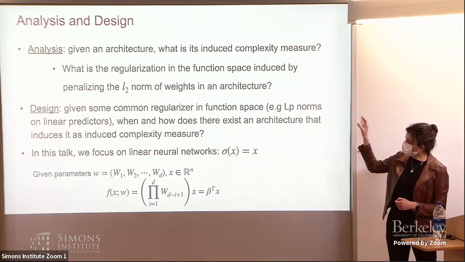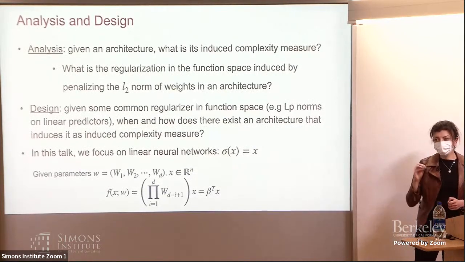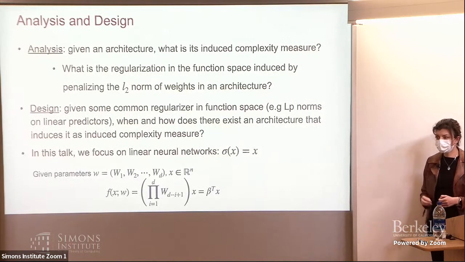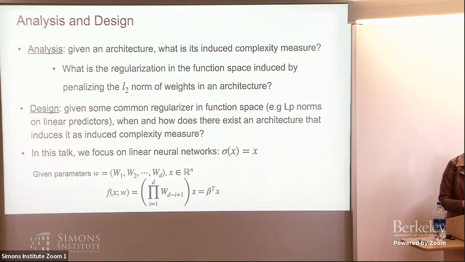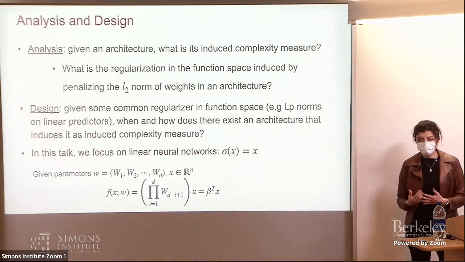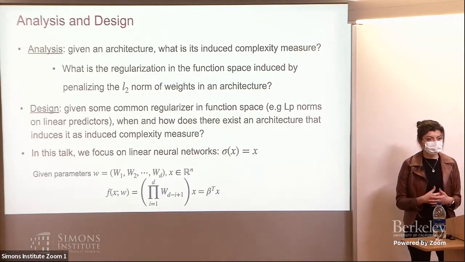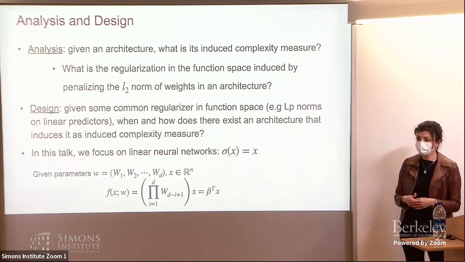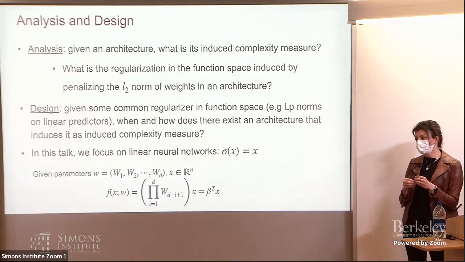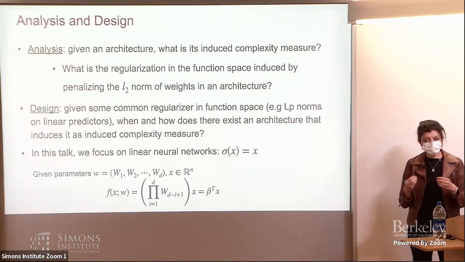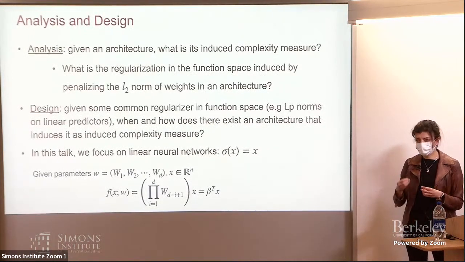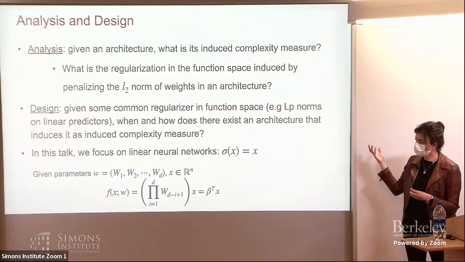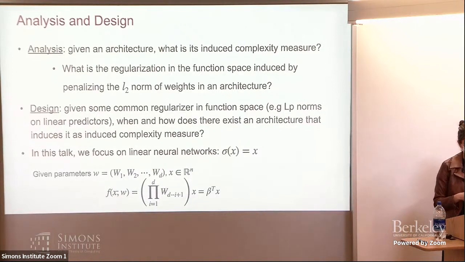In particular, if we assume that the L2 norm of the parameters is penalized, what is the penalization in the function space? In design, we look at it the other way: if I, as a user, know that for some reason my data prefers some form of regularization in function space, how can I design my network so that the induced complexity measure is this regularization?